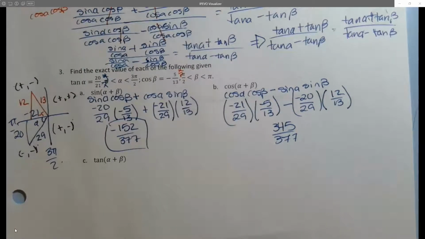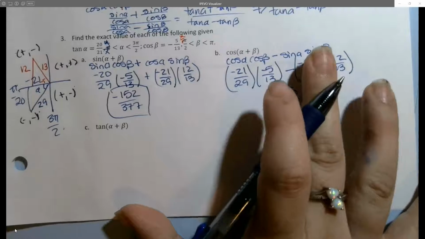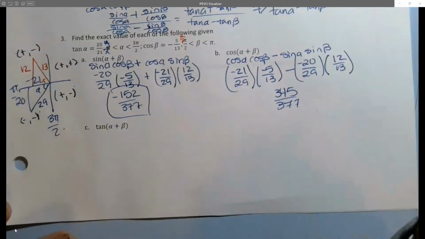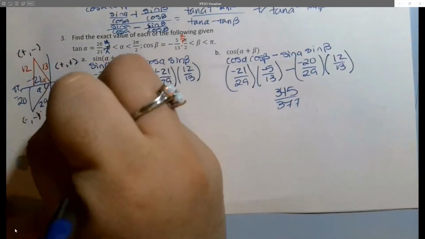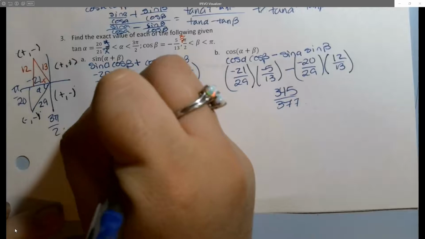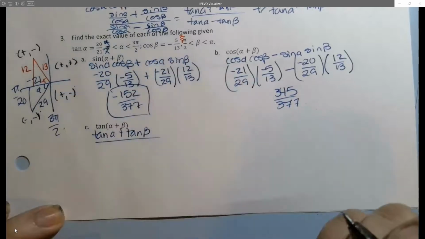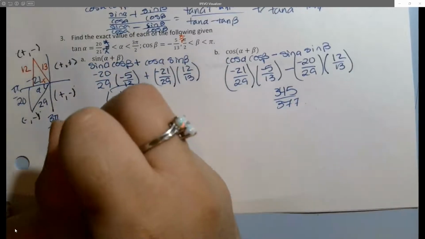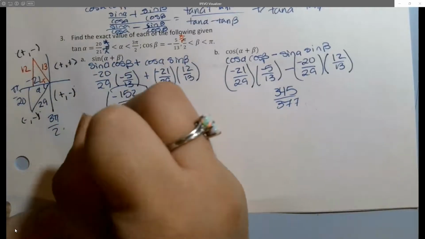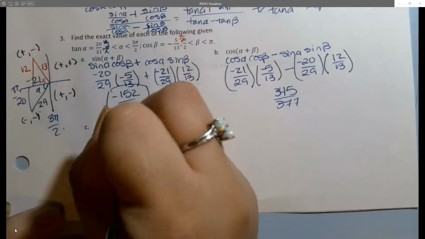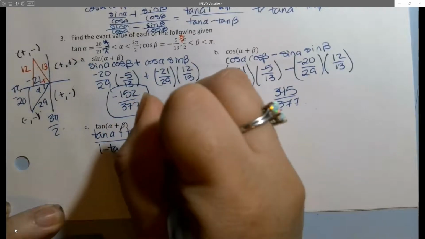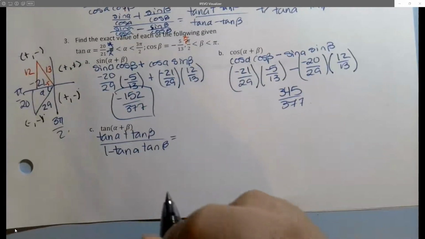And then I want to do the same thing for my tangent of alpha plus beta. So I'm going to plug into my sum of tangents. This formula is the tangent alpha plus tangent beta over 1 minus tangent alpha times tangent beta. So I want to plug into these.